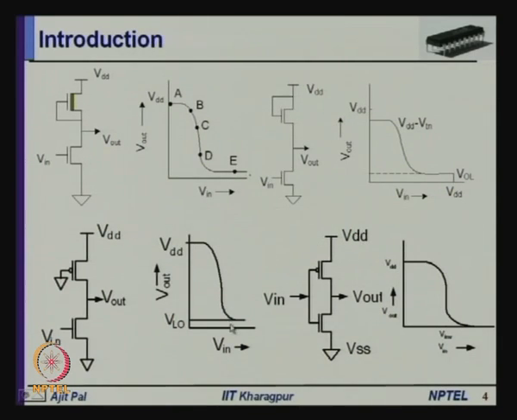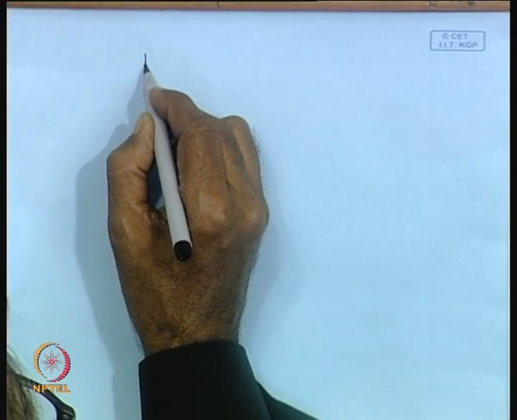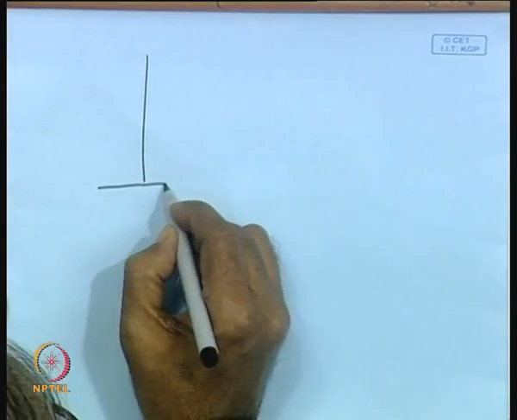Obviously, noise margin will be inferior for low level. But for CMOS we are getting good noise margin, because you know that we get a proper low level output here. So, noise margin is good for CMOS, but we find that noise margin is bad both for low and high level when the NMOS enhancement type device is used as pull up. We know that the noise margin, let me emphasize the point here.